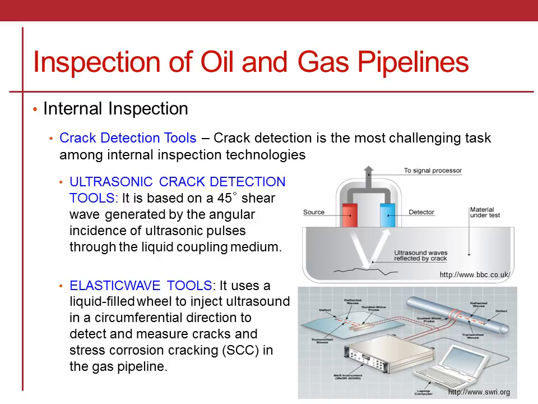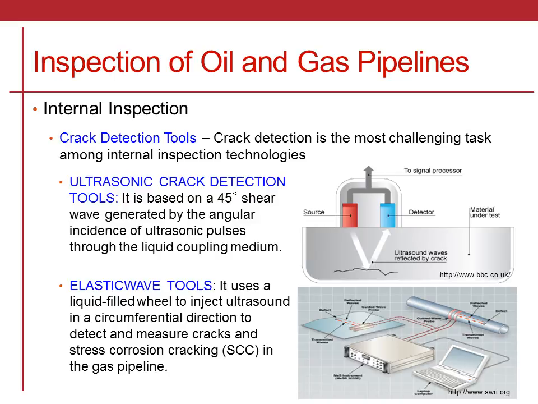And the blue detector receives this reflected signal, and then we can find the crack in the whole pipeline. This whole device continuously performs this work to find cracks in the pipeline.